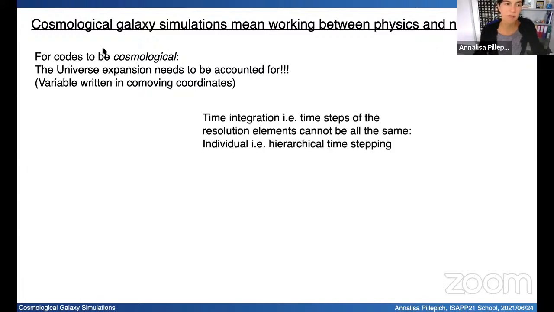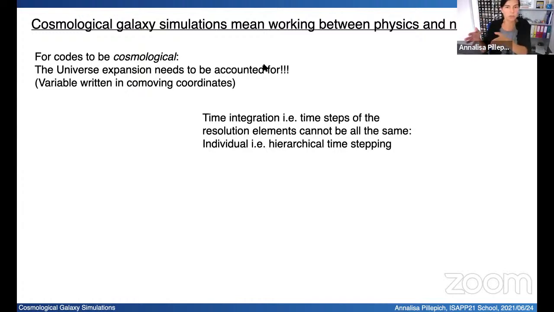Also, for codes for galaxy simulations to be practical in the cosmological context, the solution of the equations has to be done in ways such that the time integration is not the same across the simulation domain. And this is because, say, you are solving the gravity equation, or you're solving the Euler equation in your discretized manner.